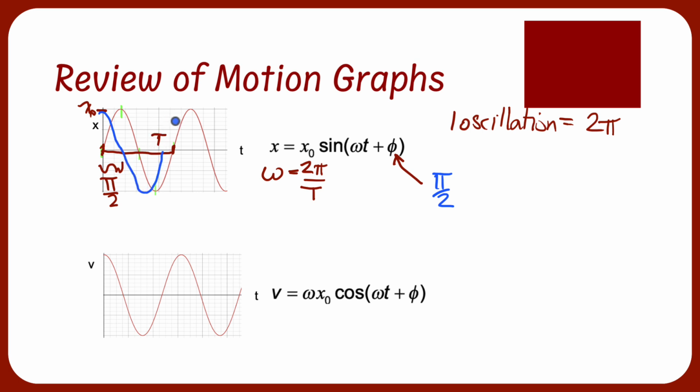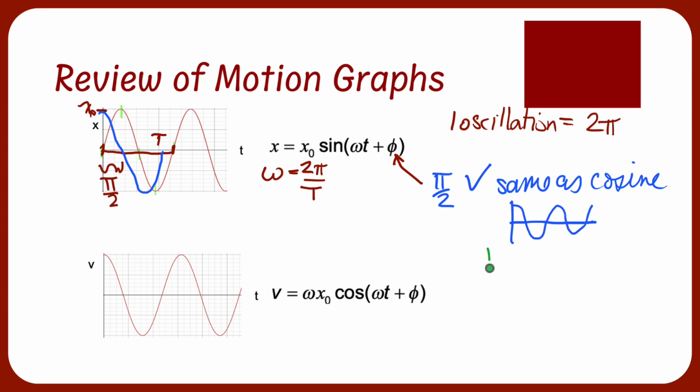And if you're saying, oh, that's a cosine curve, you're correct. So, if I have my equation, x equals x naught sine omega t plus pi over 2, I could have written the exact same equation without the phi and replaced sine with cosine. Sometimes that's just easier to do. So this graph would look like the cosine curve.